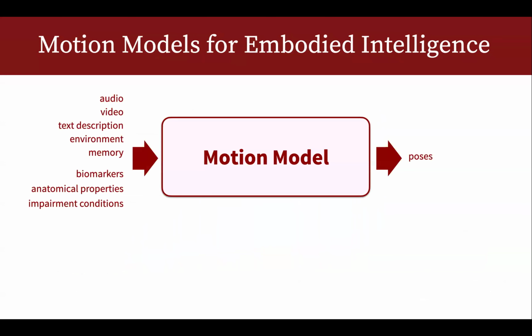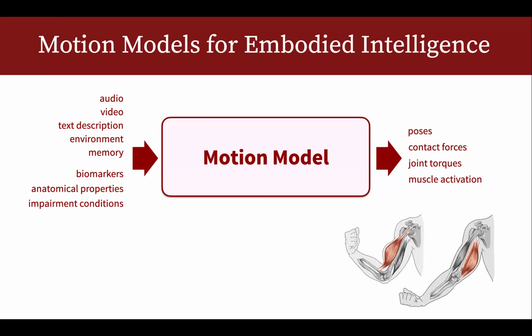Now, another thing we care about: when you are working in biomechanics, healthcare-related applications or robotics, oftentimes you care not just about the poses, not just this kinematic information, but rather the dynamic information that gives rise to the kinematic information that you can observe. For example, you care about muscle activation, joint movements, joint torques, or contact forces.